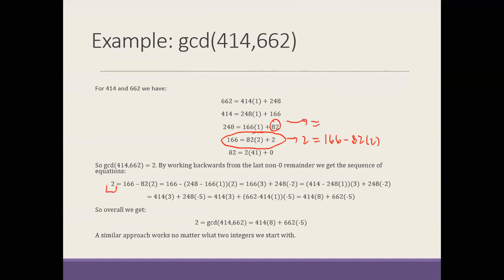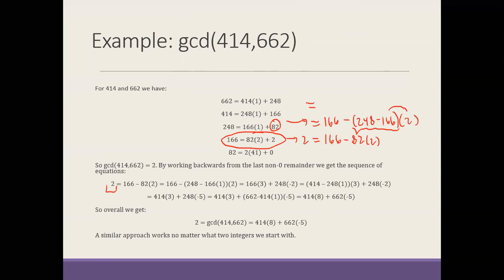What's 82 equal to? Well, it's 248 minus 166 times 1, and this is multiplied by 2. After all, this is 82. Kind of a funny way of writing 82, but oh well. Then I combine stuff. How many 166s do I have?